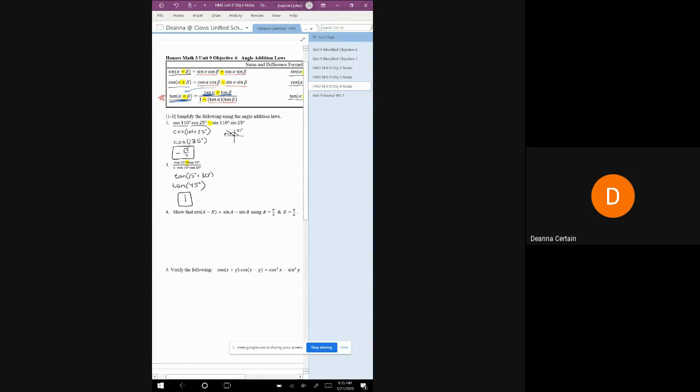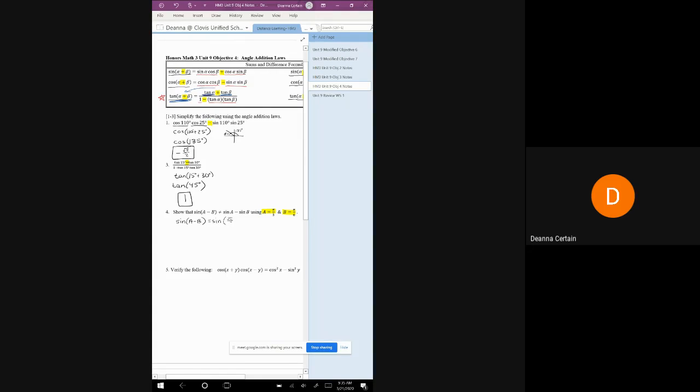Okay, with number 4, we are looking at showing that the sine of A minus B does not equal the sine of A minus the sine of B. And so then showing that, let's go ahead and take a moment and figure out, well, what is the sine of A minus B? Well, if A is pi over 3 and B is pi over 6, I can go ahead and plug those in.